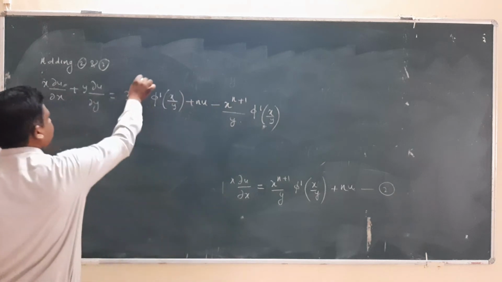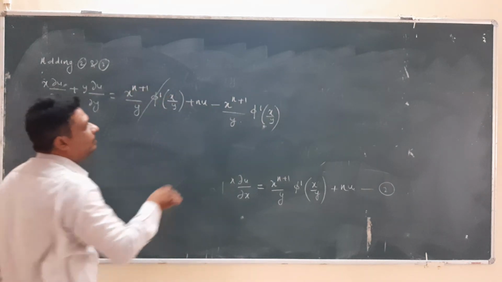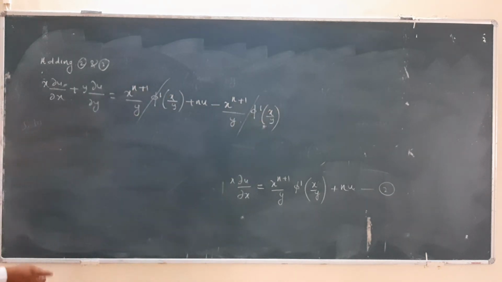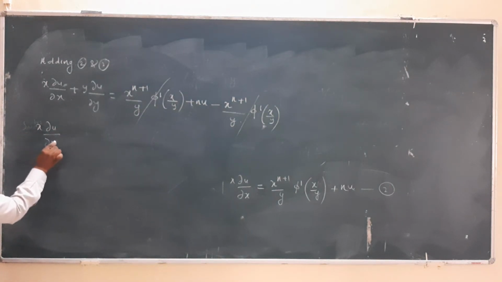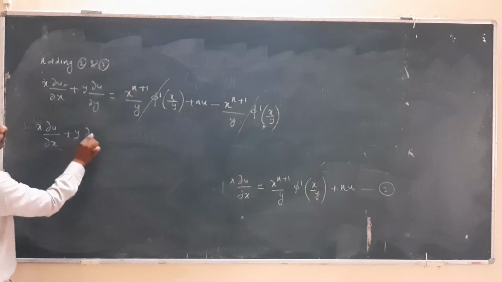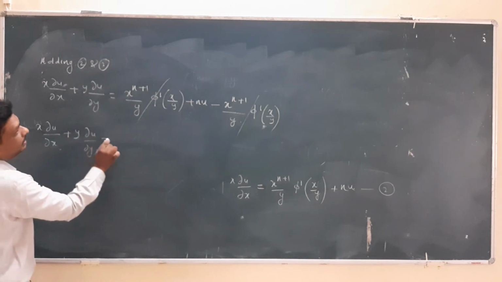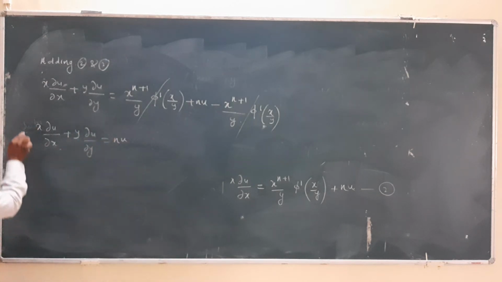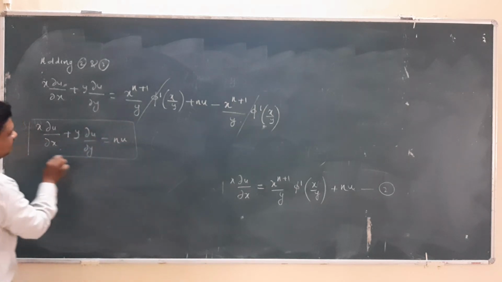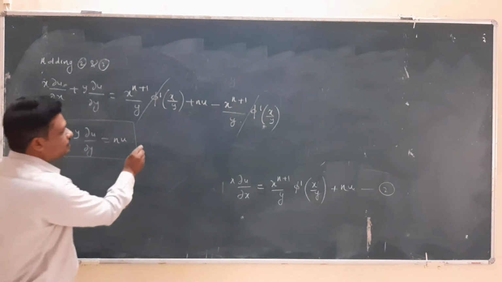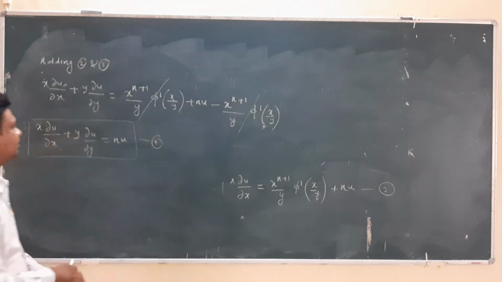So here this positive value and negative value get cancelled. Remaining is x ∂u/∂x plus y ∂u/∂y is equal to n into u. So this is our first result. I take this one as equation number 4.